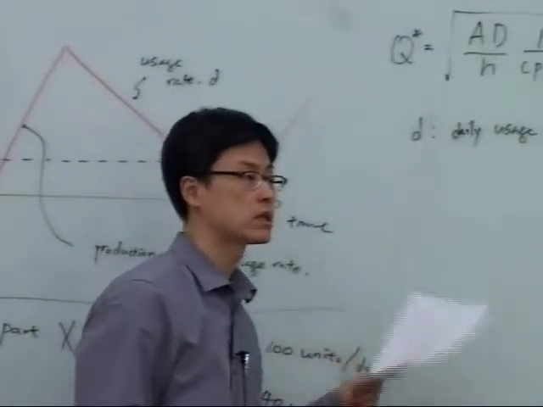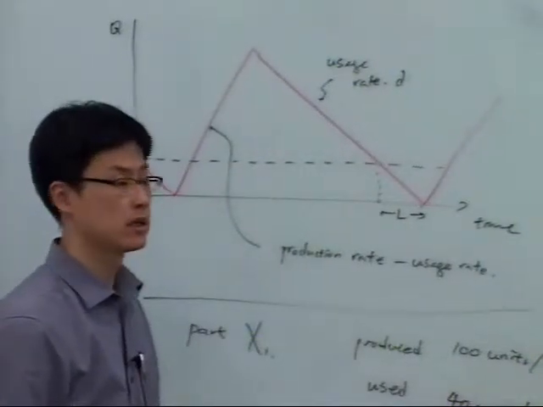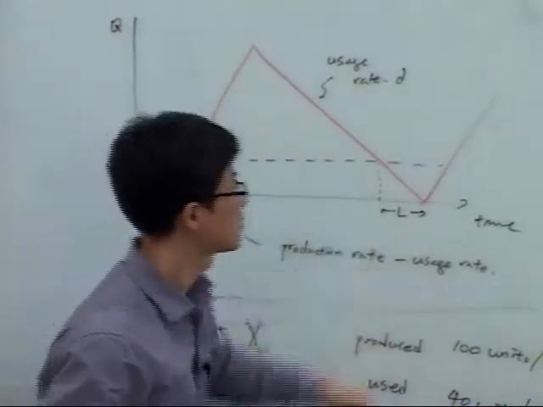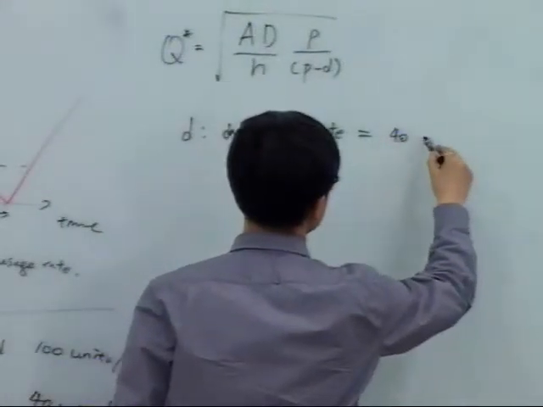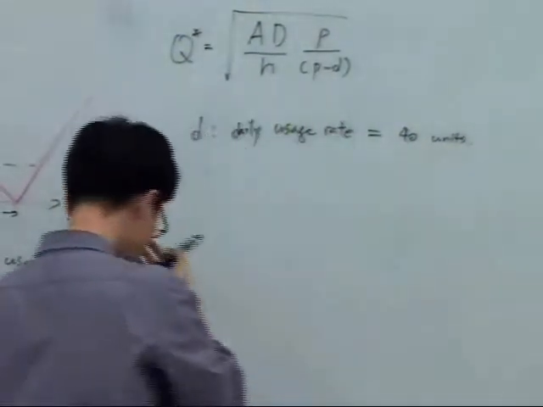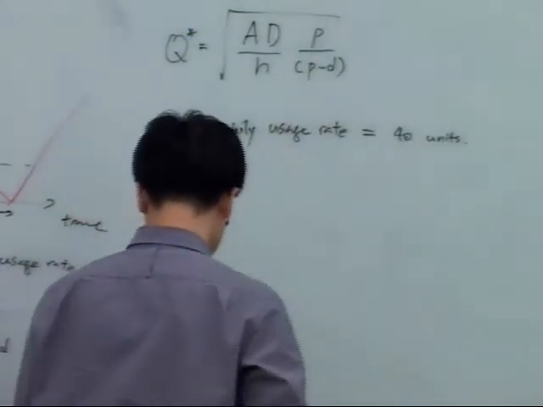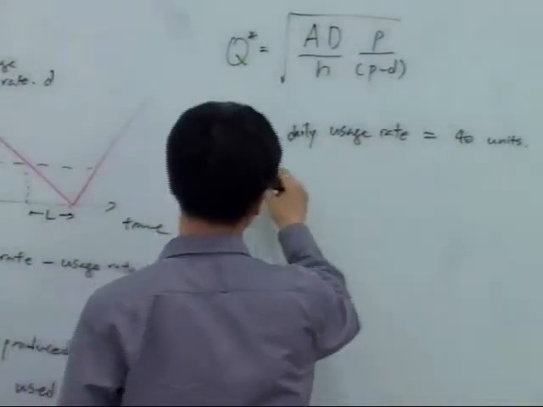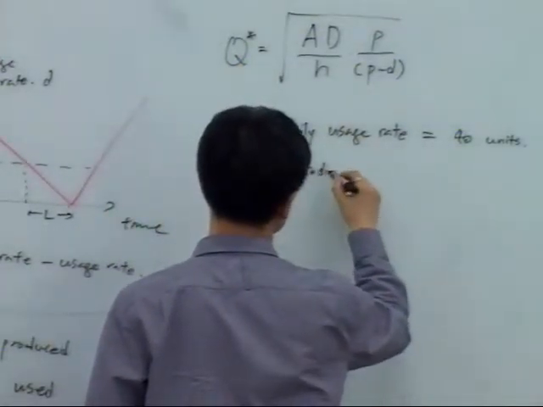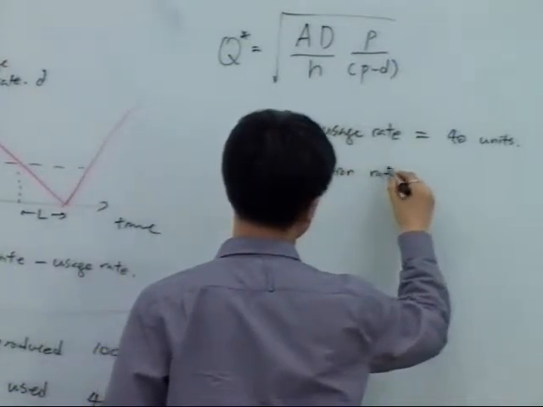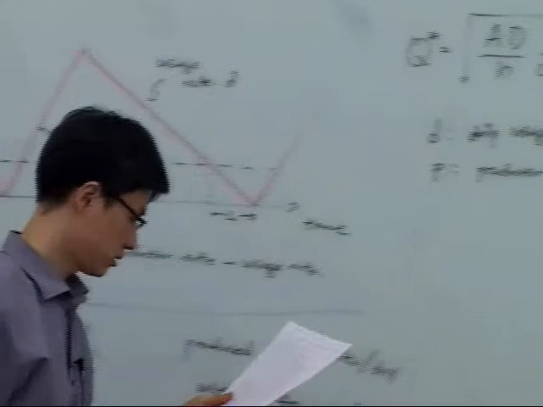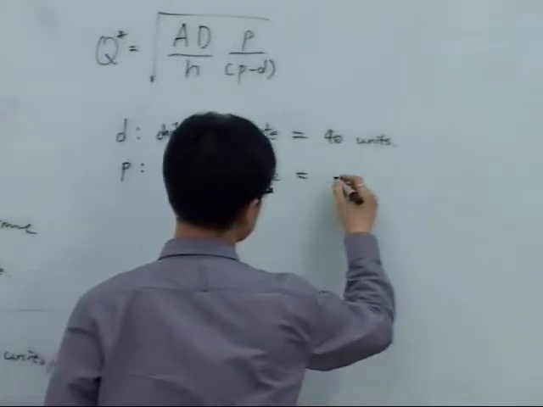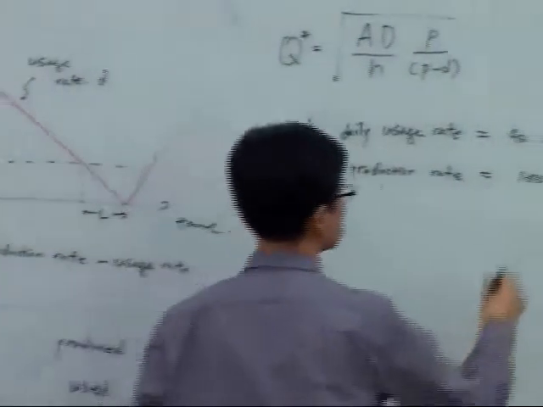And what's this D? 40 units. P is the production rate per day, so it's 100 units.